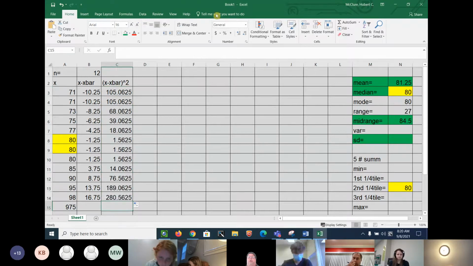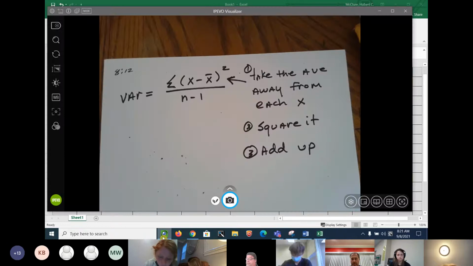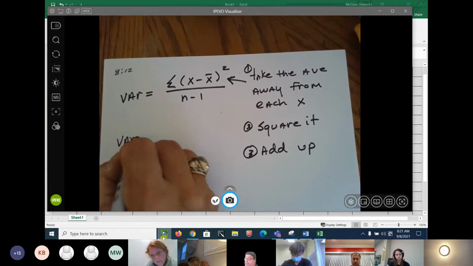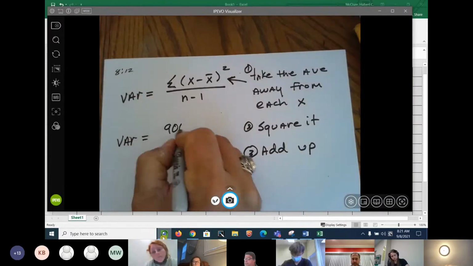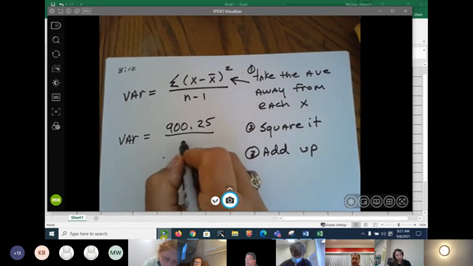And add them all up. And that is your numerator. So I'm going to go back to my whiteboard. 900.25 divided by 11.